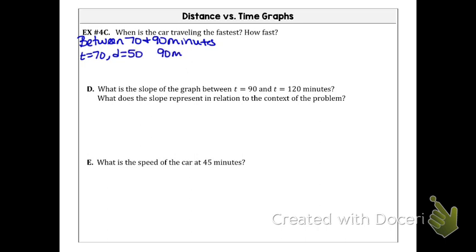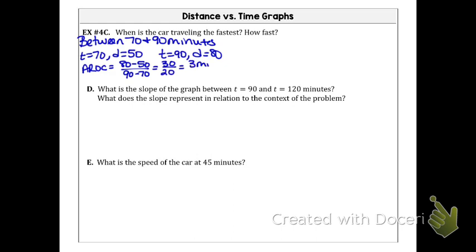And at 90 minutes, oops, the distance is 80. All right, so my average rate of change is 30 over 20.